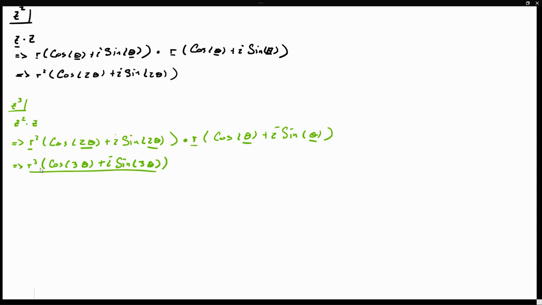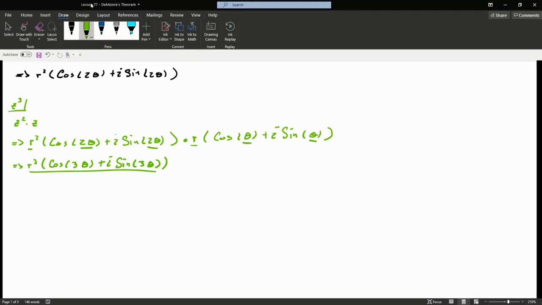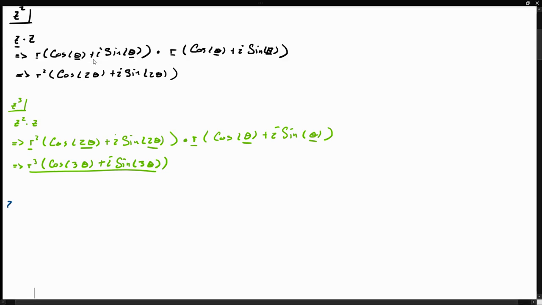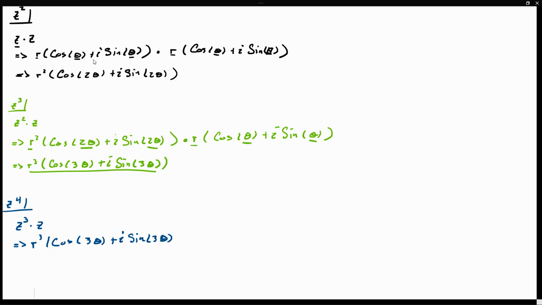What happens if we now want to define z to the fourth? Well, we can see z to the fourth as z to the third times z. We know exactly what z to the third is, because we have already defined it: r to the third, cosine of 3 theta plus i sine of 3 theta.